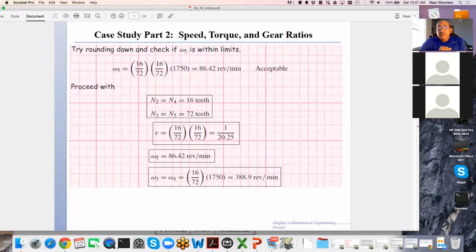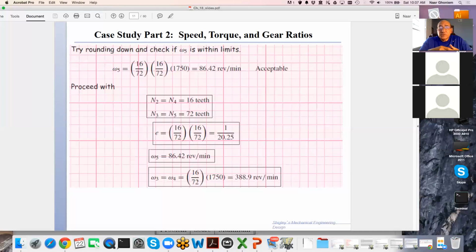And the only way we can figure out the pitch is from how big the gearbox is. If the gearbox is very small, like for a clock, then they have to be very tiny gears. If the gearbox is big, for a car, then the pitch is going to be large. And therefore, we must be given the size of the gearbox.